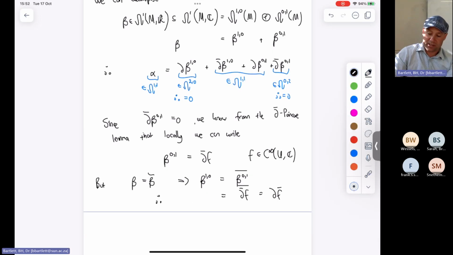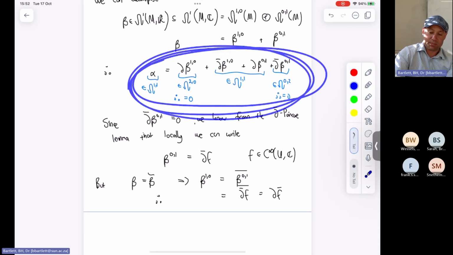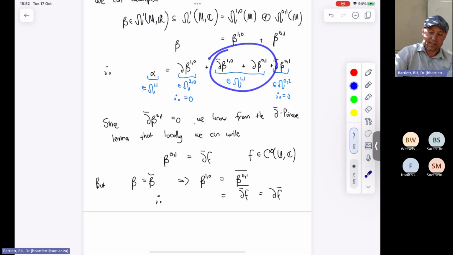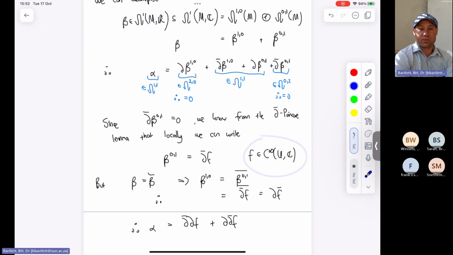So going back to this original equation here, I'm able to now write down alpha explicitly, because I knew that alpha was written like this, and now I've calculated those two parts. So alpha is del bar del f plus del del bar f bar, where f is some complex valued smooth function on my manifold.